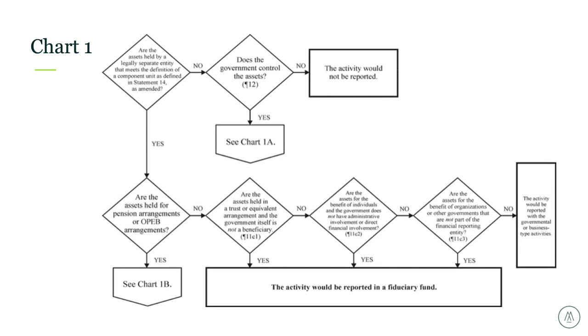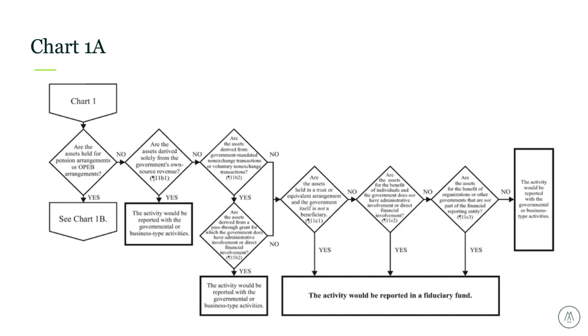So then let's go over to chart 1A. Here we know that these are held for scholarship funds, so we know it's not a pension or OPEB, so we don't have to go to chart 1B. We should be able to get our conclusion here from chart 1A. As we talked about, the main question that we need to ask is, where does that revenue come from?